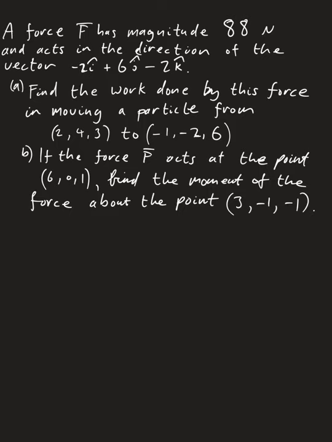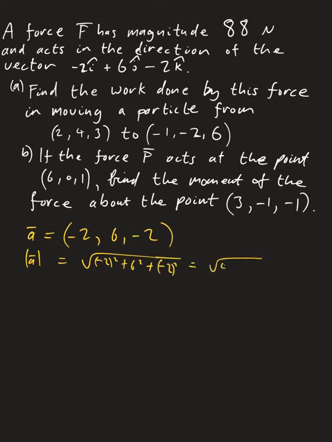So it has magnitude 88 and it has the direction of that vector. I'll call it A, and that's (-2, 6, -2) as a row vector. So the magnitude of A is equal to the square root of (-2) squared plus 6 squared plus (-2) squared, which is the square root of 4 plus 36 plus 4, the square root of 44.